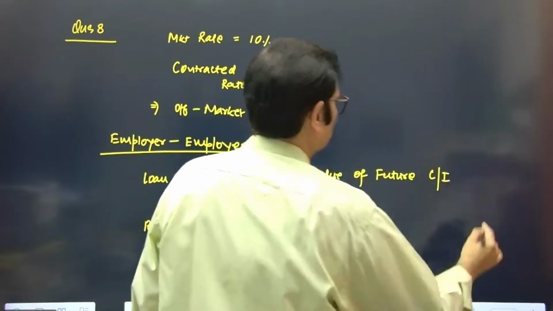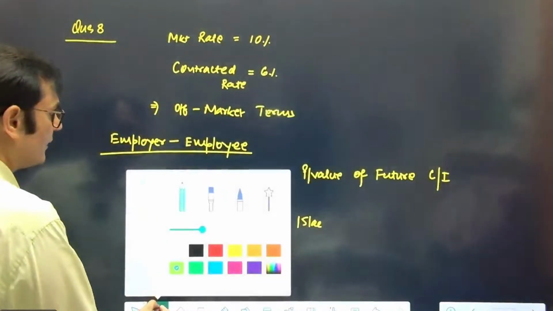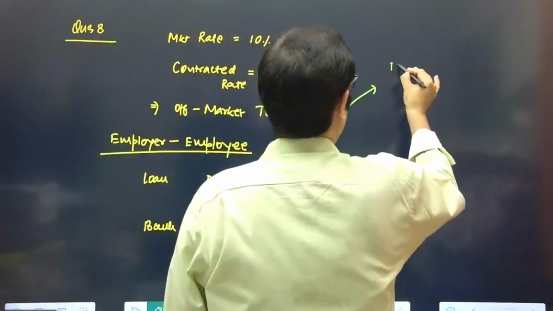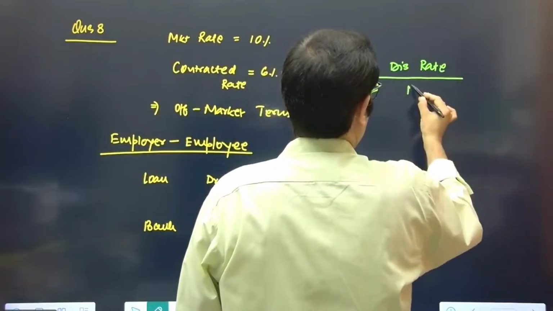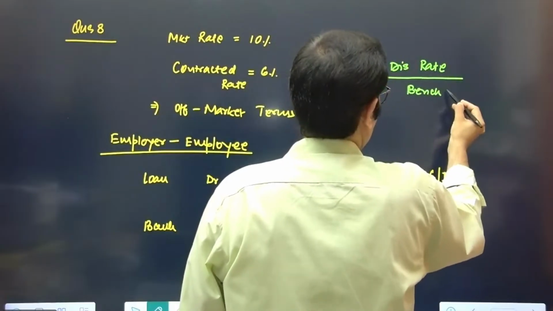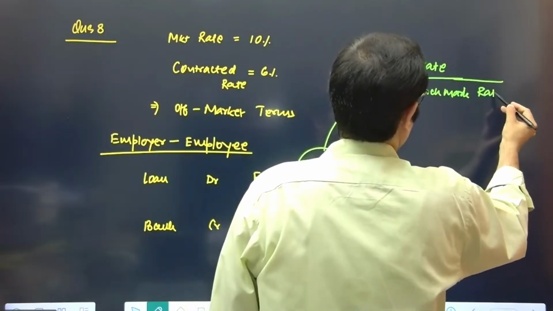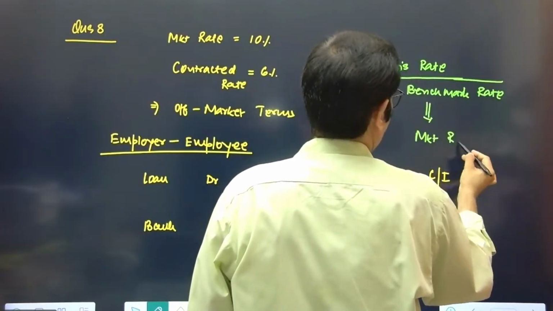So whatever is the future cash inflows, that would be taken. So when you consider the present value in this case, the present value is going to be using a discount rate, which is supposed to be the benchmark rate, and that benchmark rate is the market rate of interest.